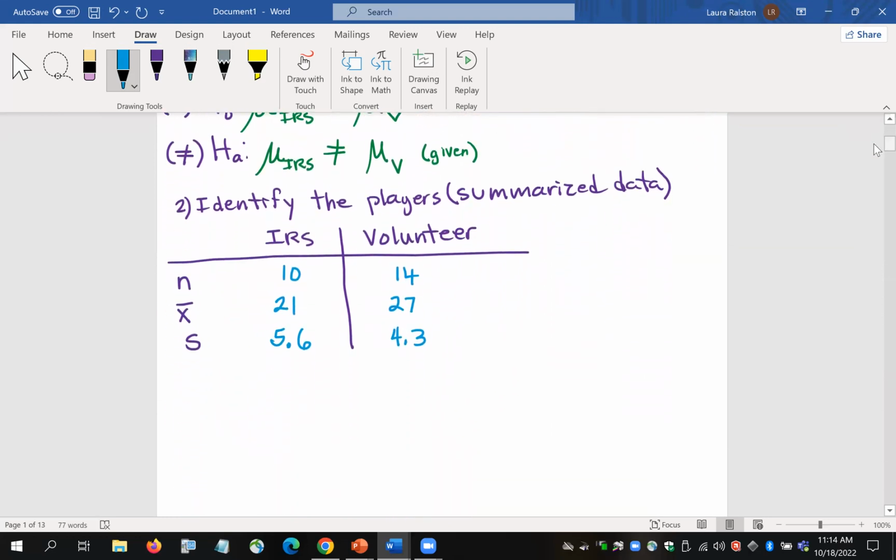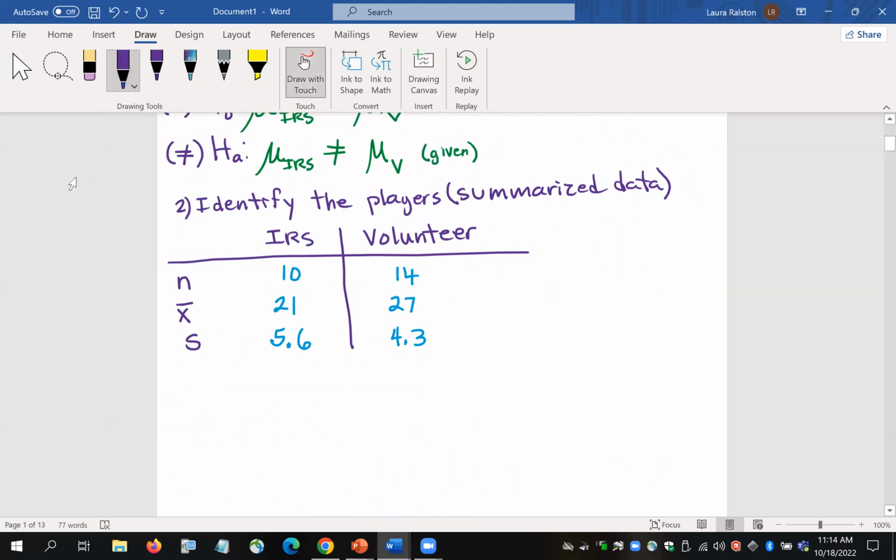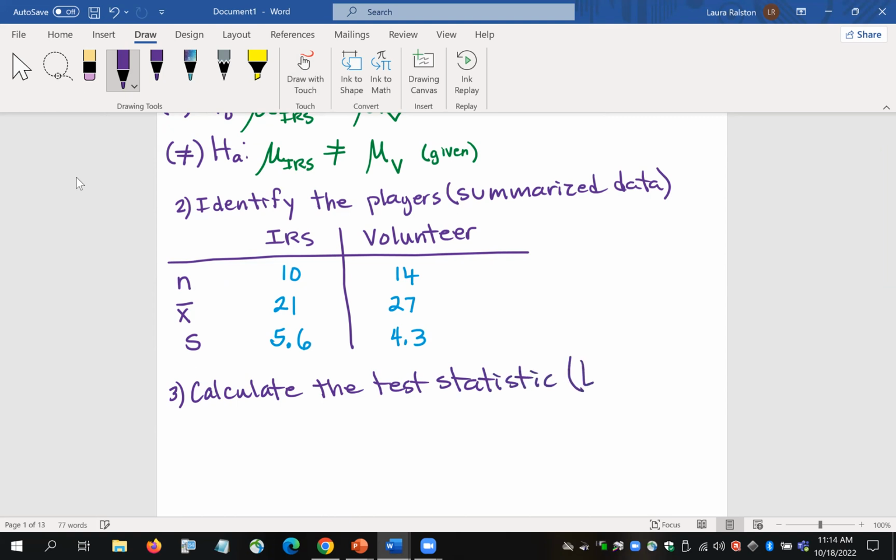Okay, so then step 3 in the hypothesis test is to calculate the test statistic, which is going to be a t, and its p-value.